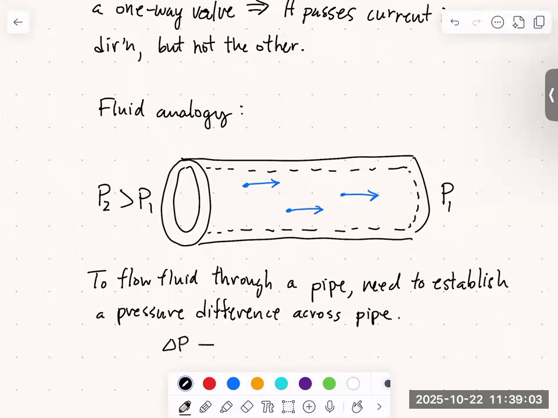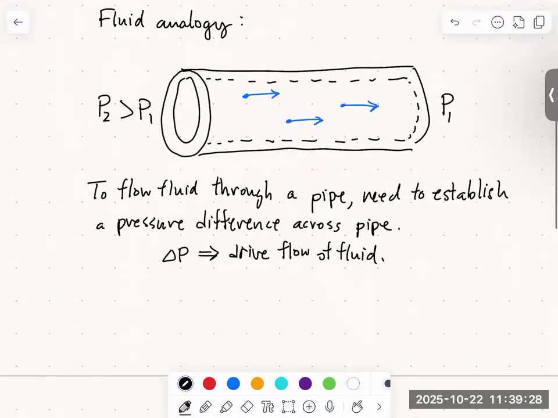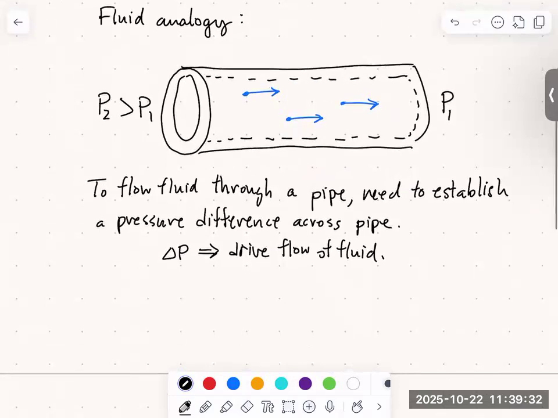So delta P is used to drive a flow of fluid, just like a voltage difference drives the flow of charge. Okay, so that's kind of like a resistor. The pipe has some resistance to the flow of fluid. The smaller the diameter of the pipe, the higher its resistance.